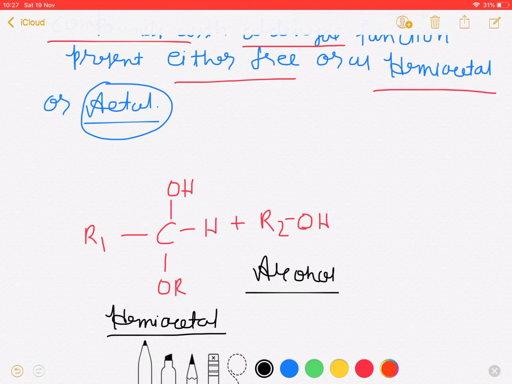When a hemiacetal reacts with the alcohol, the formation of acetal takes place.